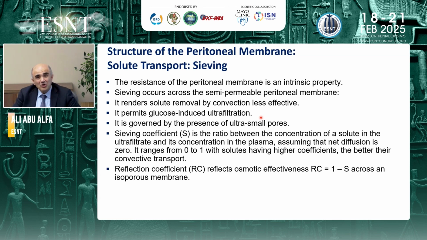But when you depend on glucose for ultrafiltration to create an osmotic gradient on the dialysate side, you want that glucose to stay on the dialysate side and not go into the blood. You want it reflected completely. That may not be possible with the peritoneal dialysis membrane, but it is there sufficiently to allow ultrafiltration.